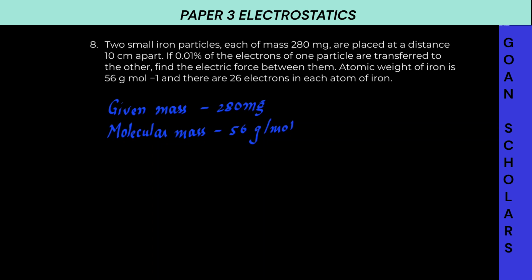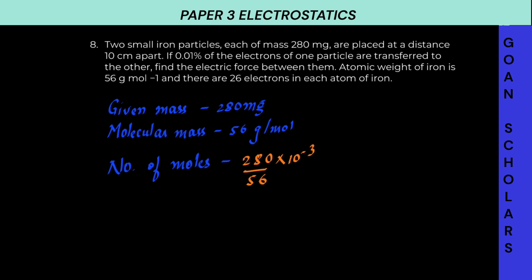Now if this is 56 grams per mole, what we have to do? We have to find number of moles here, right? So number of moles is given mass upon molecular mass. So it is 280, in milligrams, so 10 to the power minus 3, whole divided by 56. Correct? So this will be your total number of moles.